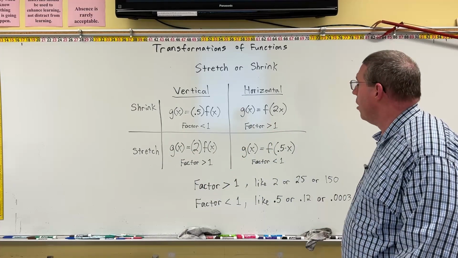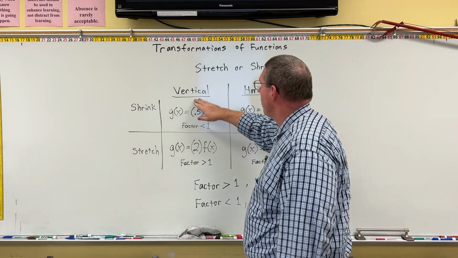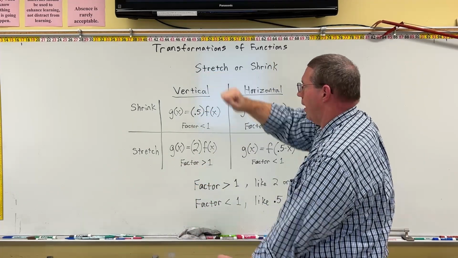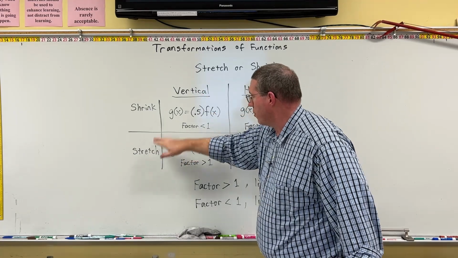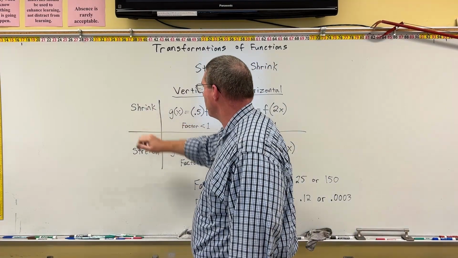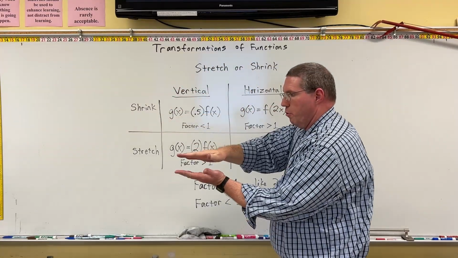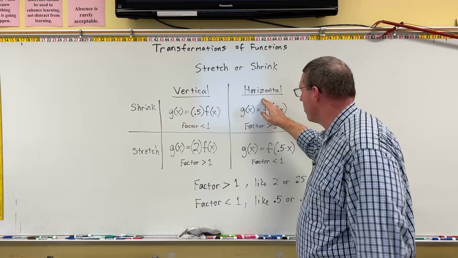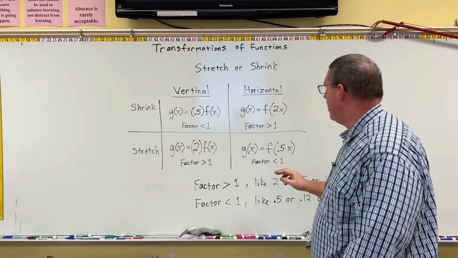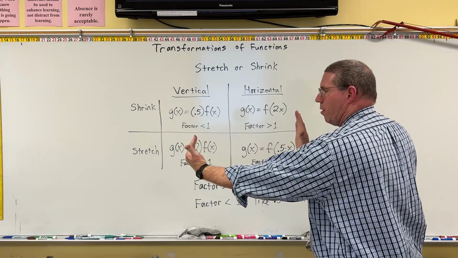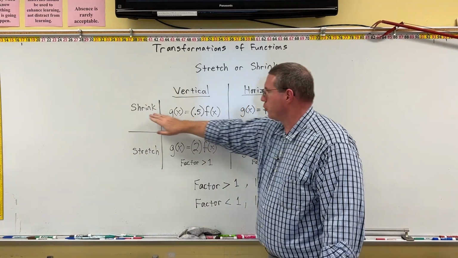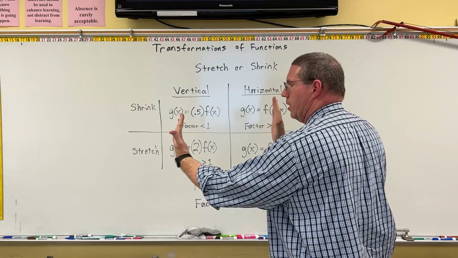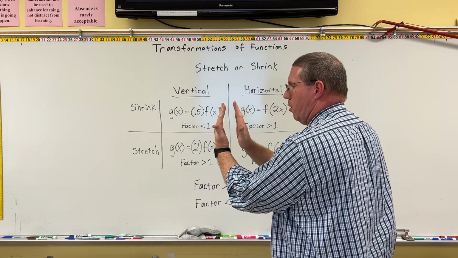And so we can have a vertical stretch, or we can have a vertical shrink. A vertical shrink would be when you crush it vertically. A horizontal stretch would be where you stretch it out wide horizontally, and a horizontal shrink is where you take the function and you press it together horizontally.